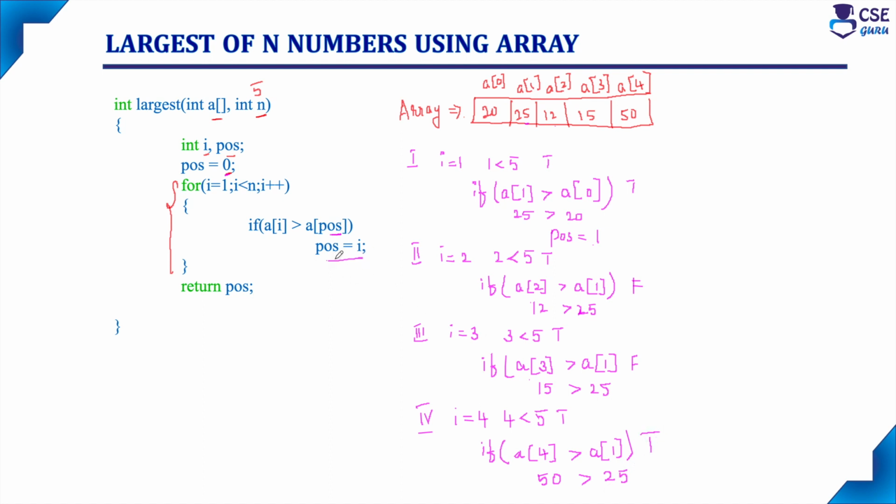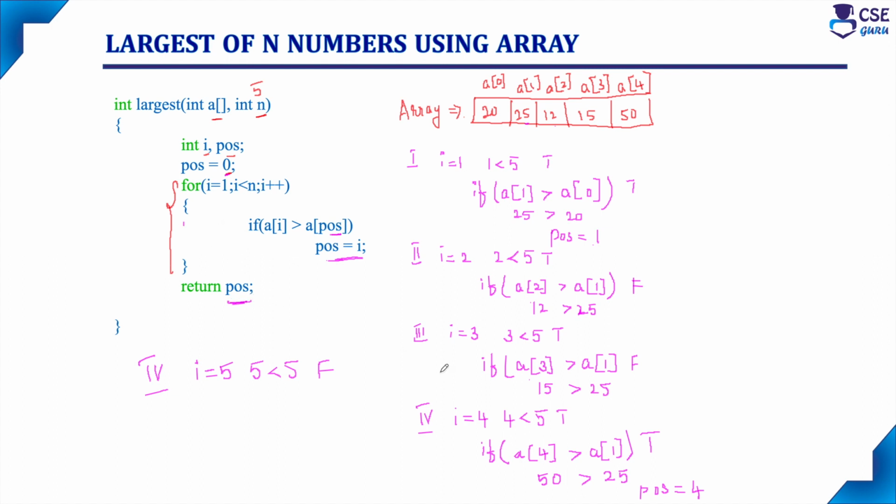Then position will be reinitialized here. The position is equal to 4. And in the next iteration, inside for loop, i gets incremented to 5. Check the condition 5 less than 5. Condition fails, and this loop will exit here. And it will return the position.